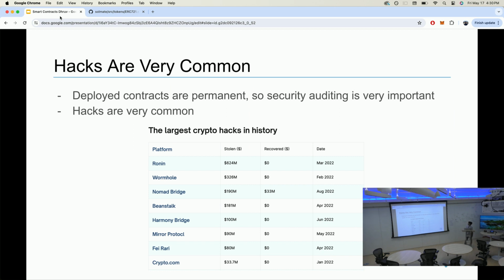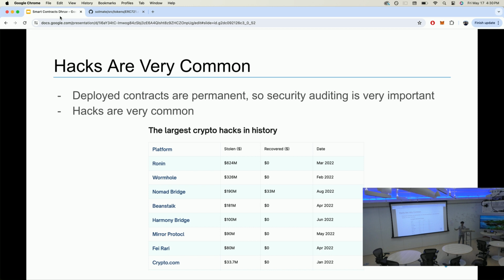So one of the other things that happens now because of smart contracts is hacks become very common. I don't think this is exactly up to date. This is an old screenshot. But since, as we said, one of the aspects of smart contracts is that the deployed contracts and the code in those contracts are permanent, security becomes really important, right?